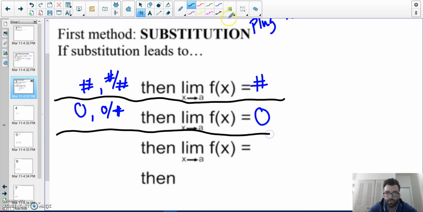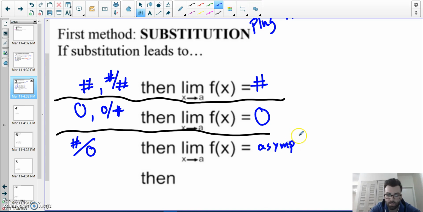If I substitute in f of a and I get some number divided by 0, well, we know that we cannot divide by 0, and that means I'm going to have an asymptote. If I tried factoring and all that, and I have my asymptote, I'm going to look at my graph and determine where my function is going.